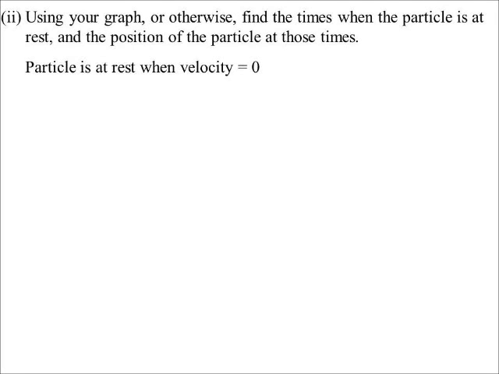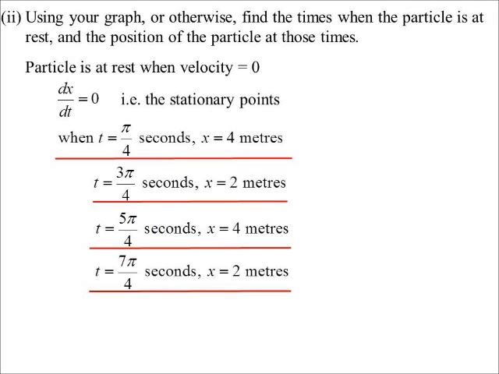In other words, the stationary points. So I can just read off: pi on 4, and its displacement will be 4 meters, and then 3 pi on 4 will be 2 meters, 5 pi on 4 back to 4 meters again, and finally 7 pi on 4 at 2 meters. Certainly a lot quicker than solving the derivative equals 0.